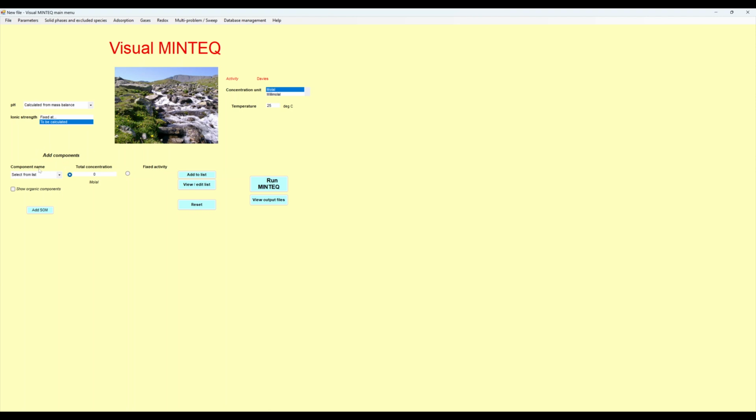And this is the component names. There's a list, and then we can have the total concentration, and then add to the list. So we need to click on this every time we add a component. This is not a molecule, but a component, or a species that we are introducing to the system. Then we can view the list of what we already added.